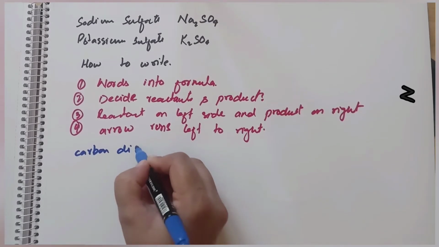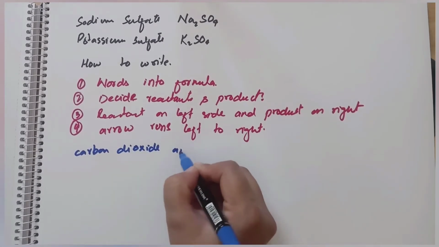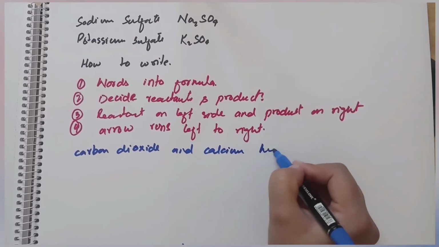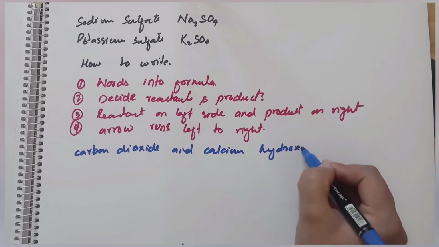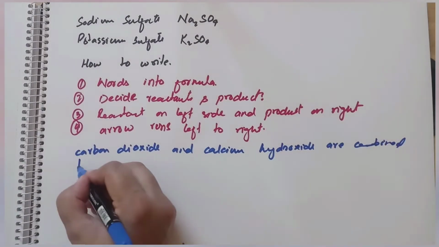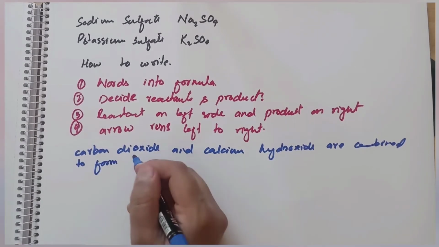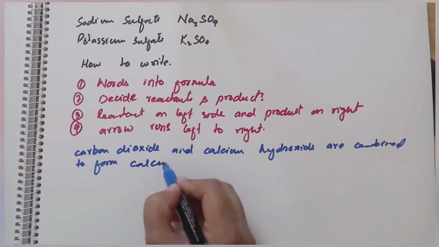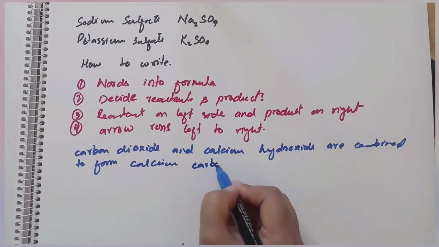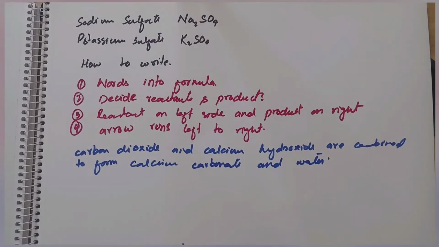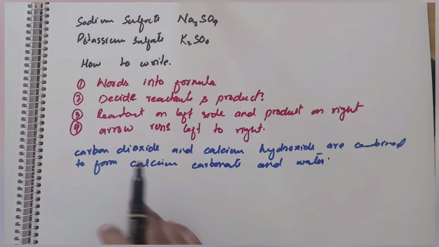Carbon dioxide and calcium hydroxide are combined to form calcium carbonate and water. So let's pause. This is a description. By following these steps, we can write the chemical equation for that description.